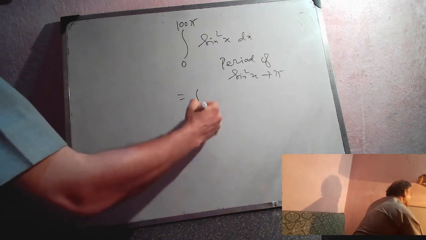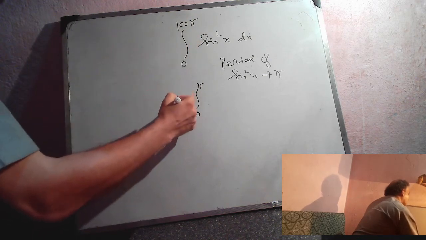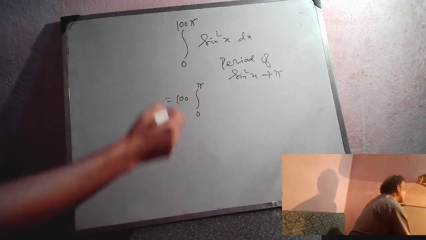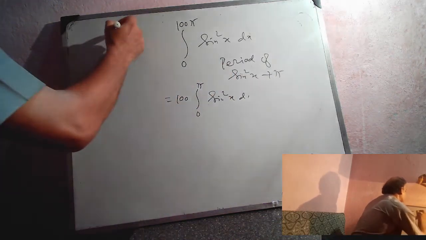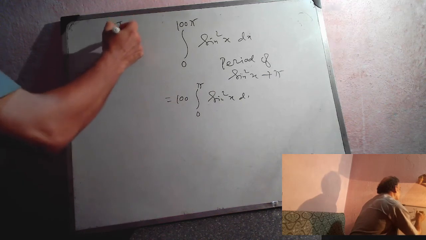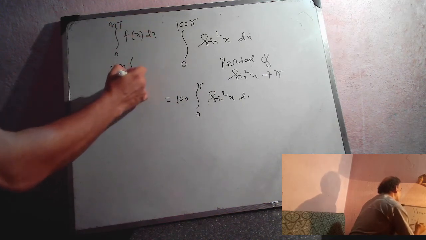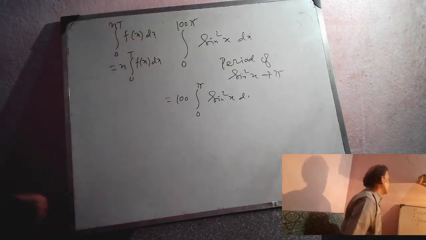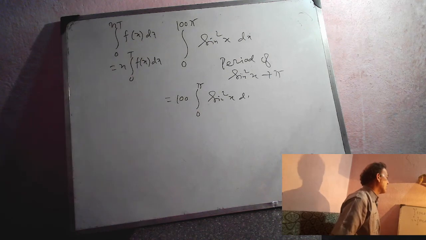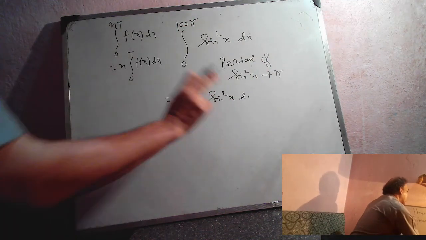So write here 0 to pi. This is 100 into pi. So 100 times the integral from 0 to pi of sin square x. As we know, integral 0 to nT of f(x) dx equals n times integral 0 to T of f(x) dx, where T denotes the period of the given function. Now the period of sin square x is pi, so we can write it like this.